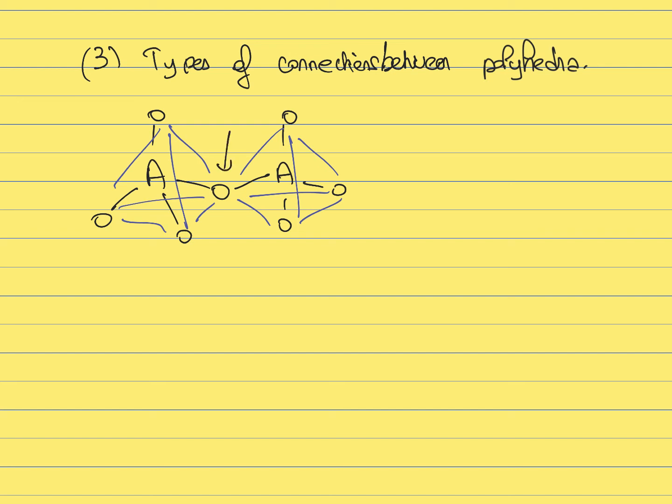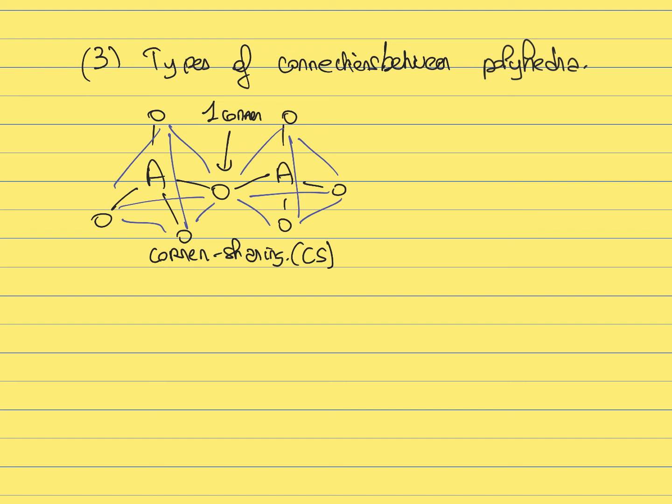They would have only one oxygen in common, which means that they are only sharing one corner. That would be an example of a corner sharing unit. Those two tetrahedrons only share one corner, so that's a corner sharing connection between those two tetrahedrons.